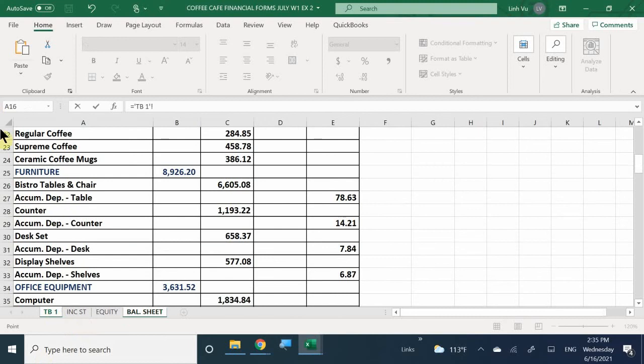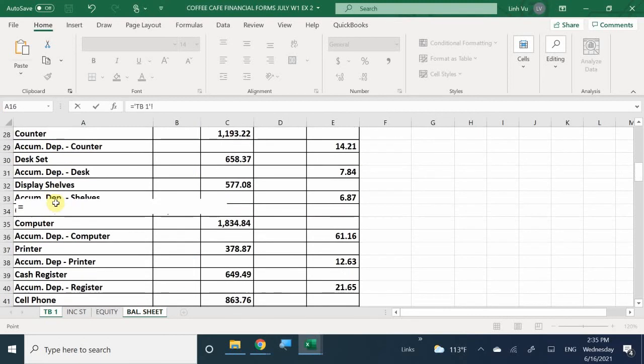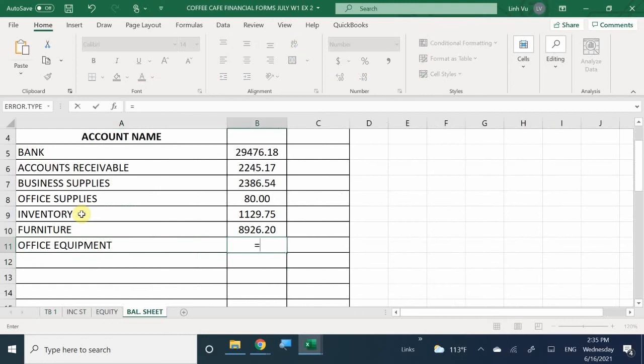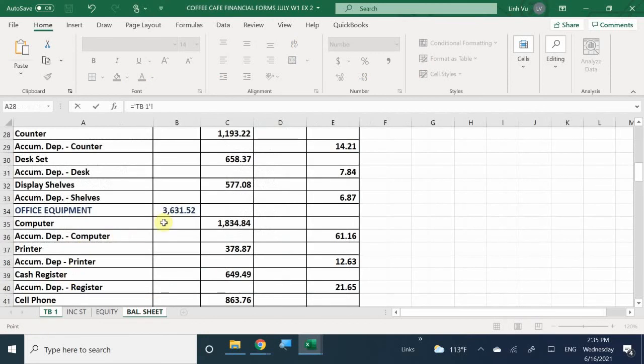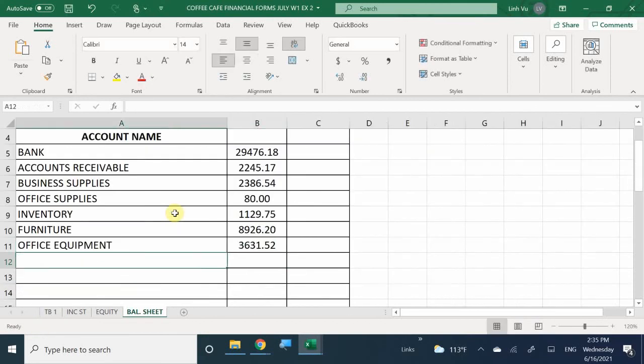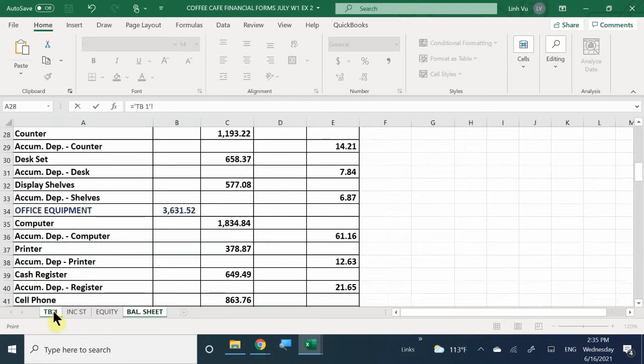Office equipment for $3631.52. Equipment for $13,031.50.